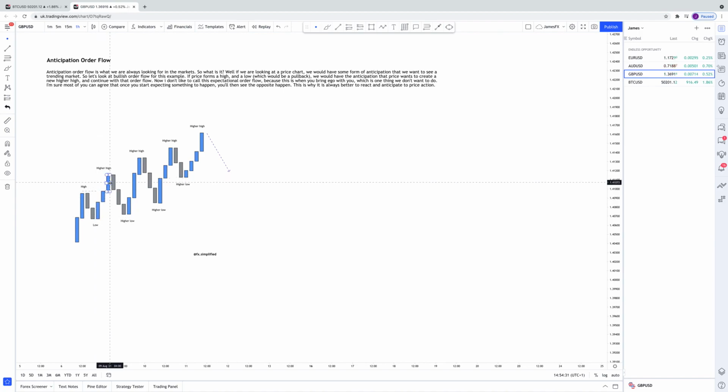Okay, so what's next once price breaks that high? Well, if bullish order flow is to be continued, the anticipation would be for a pullback, a tap into the order block or the higher low region, and for price to not surpass this level. If our bullish order flow is going to continue, this level should not be broken.